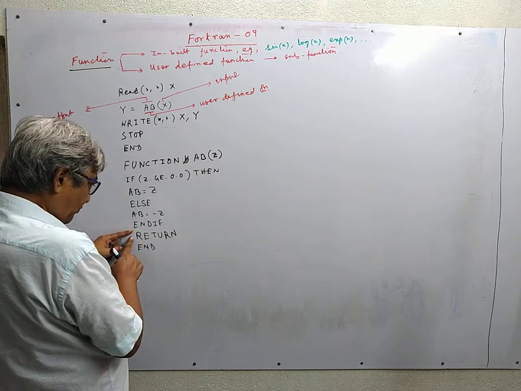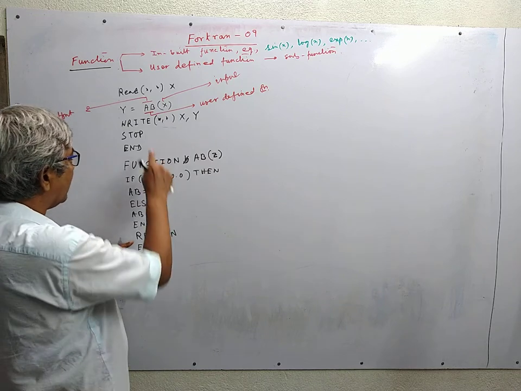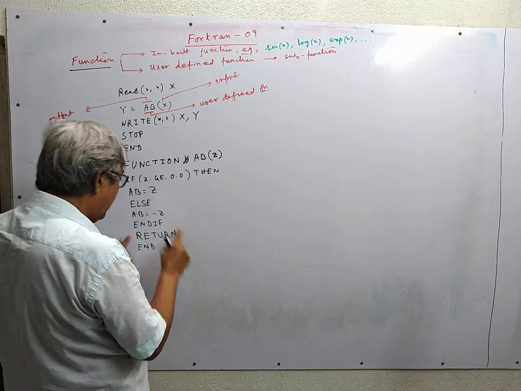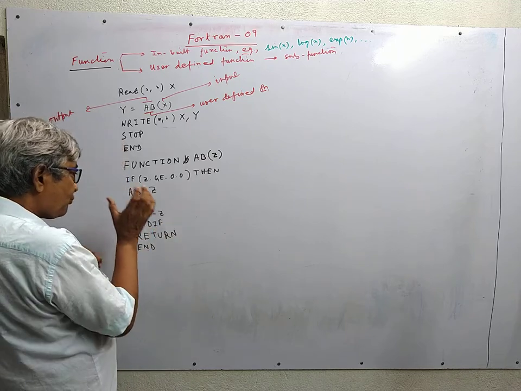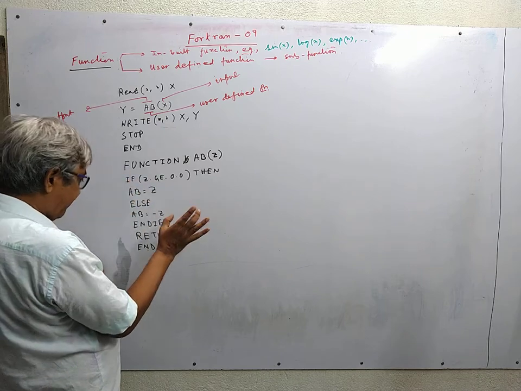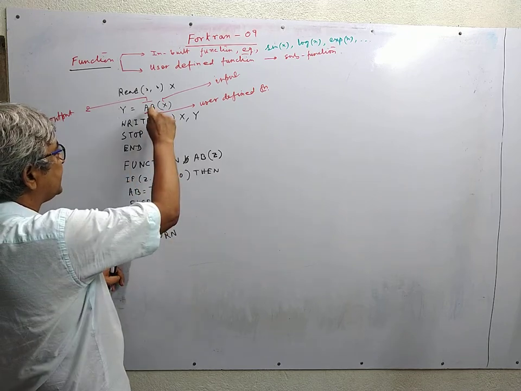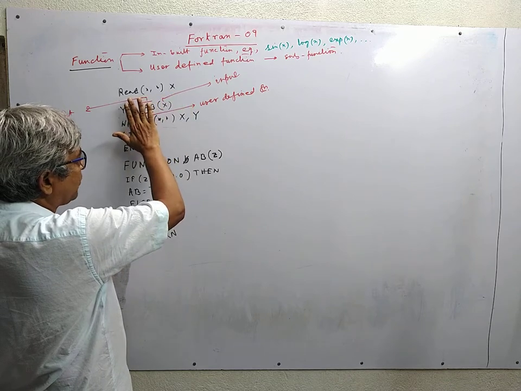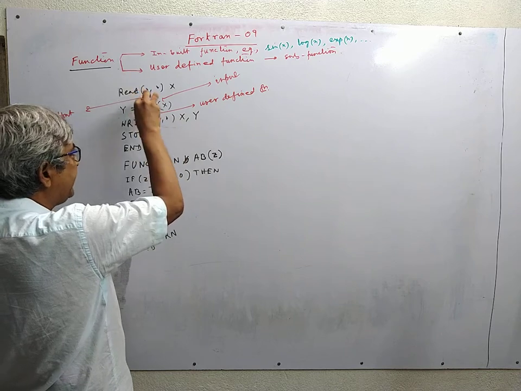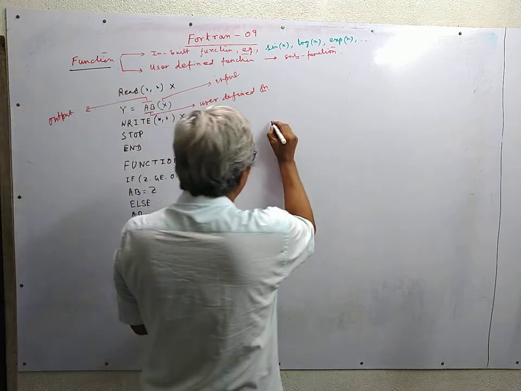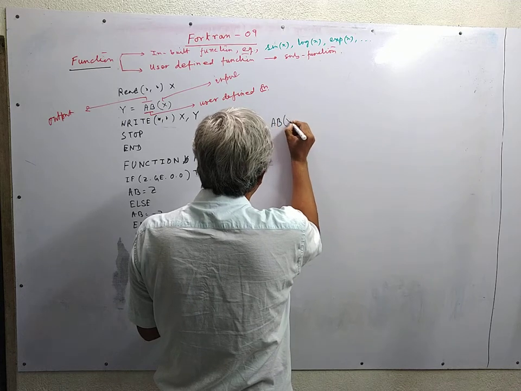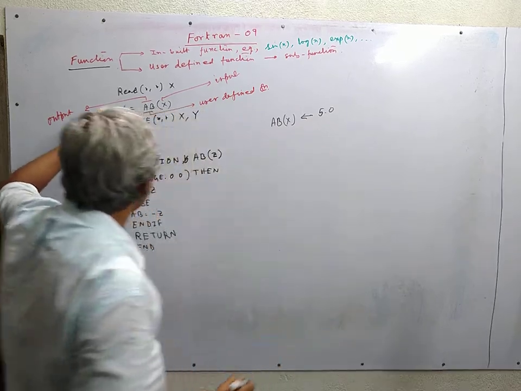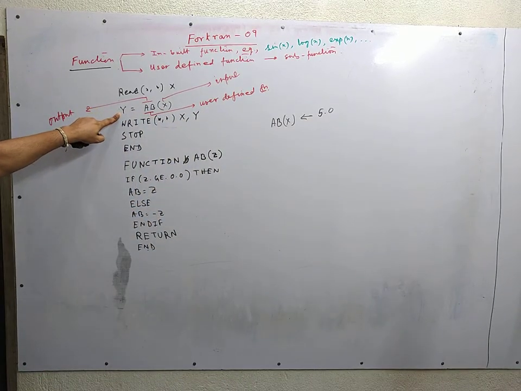Here is a new word, return. In the main program we have used stop. Here we use return. That means this value of ab, 5.0, will be returned to the calling destination. That is to say, ab of x will be replaced by 5.0, so y assumes the value 5.0.